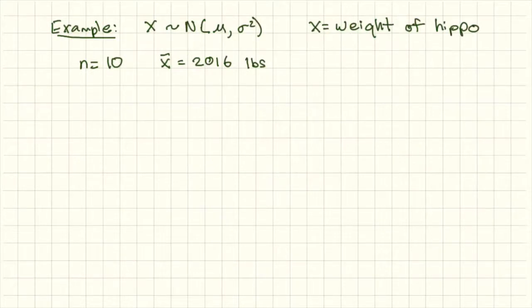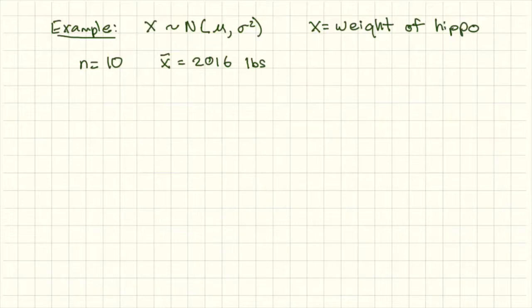An example of this is one that you have done many times, I'm sure. Let X be the weight of a hippo, and we're going to say the hippo weights are distributed normally with some mean and some standard deviation. We're going to take a sample of 10 hippos, and we find that the average hippo weight is 2,016 pounds. If I had taken a different sample of hippos from the whole hippo population, I probably would have gotten a different X bar.